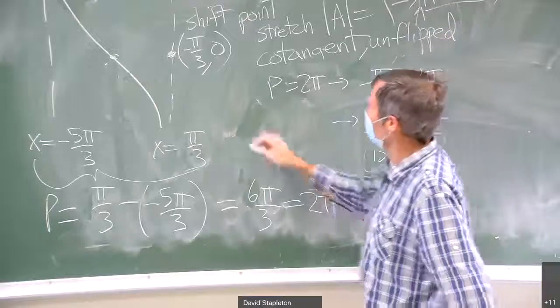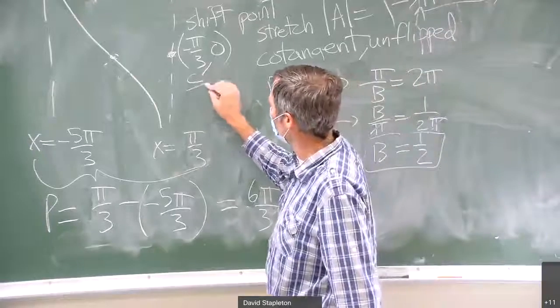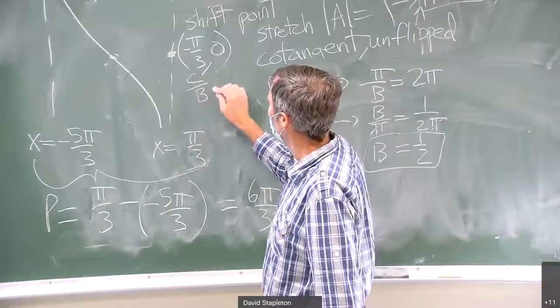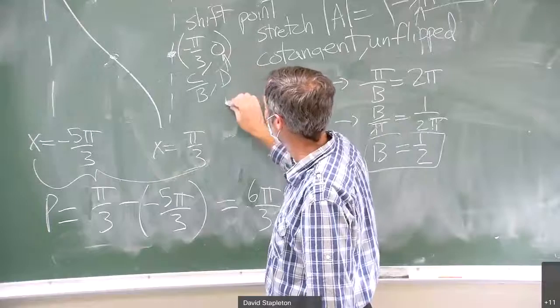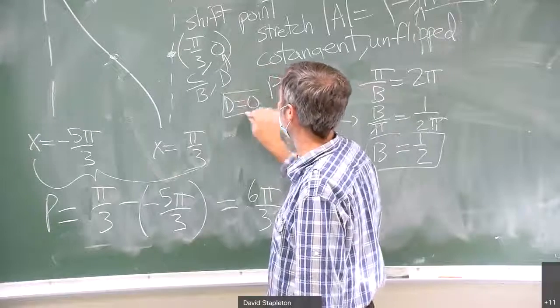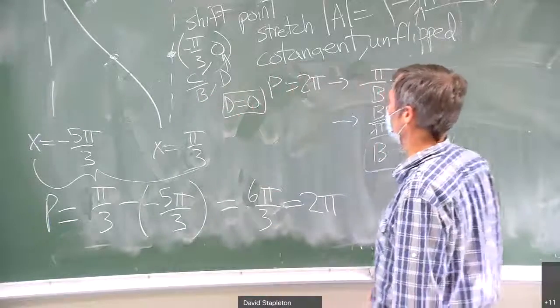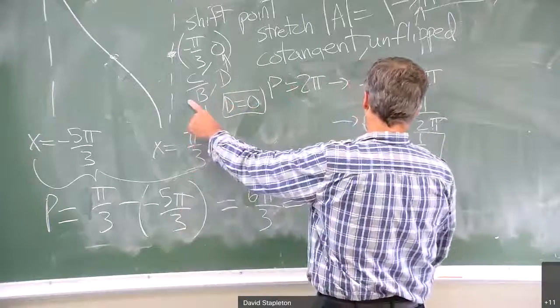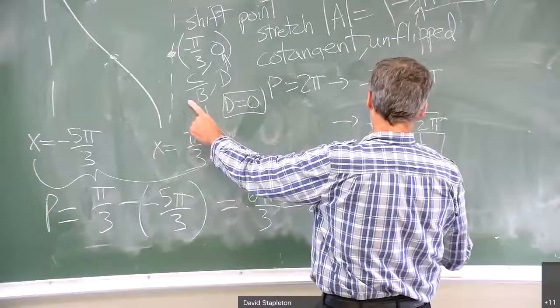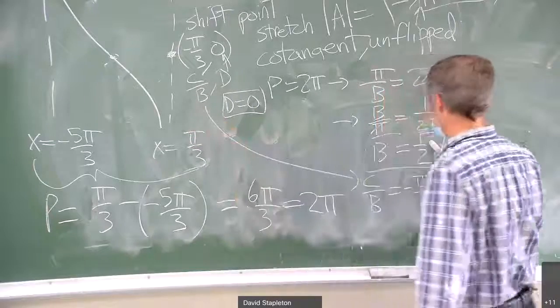Now from here, this is the shift point, c over b. D tells you that d equals 0 immediately. And then over here we have c over b, if I run this around. C over b is negative pi over 3. But we just found out b is a half.